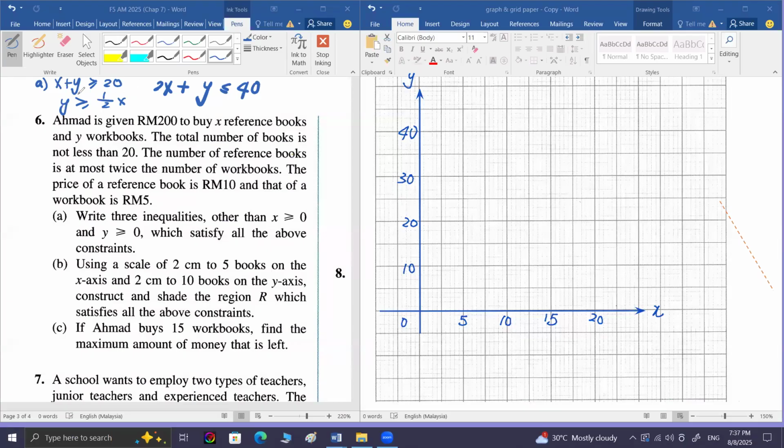Okay, now look at your answers. Check, we got 20, 20. Then after that, Y is half X, so I make it X 20, Y 10.